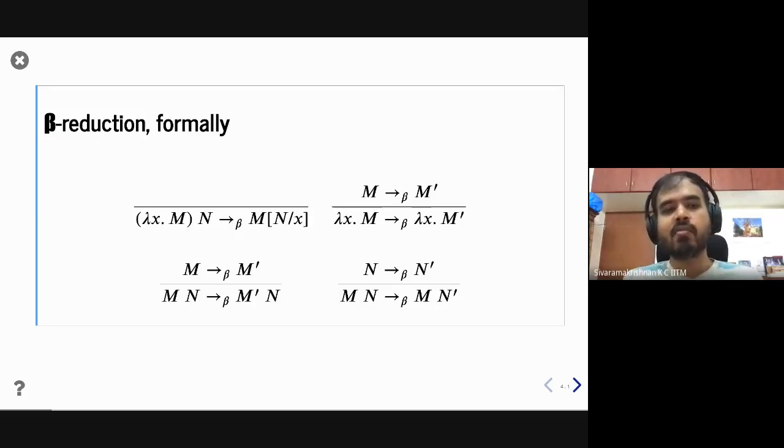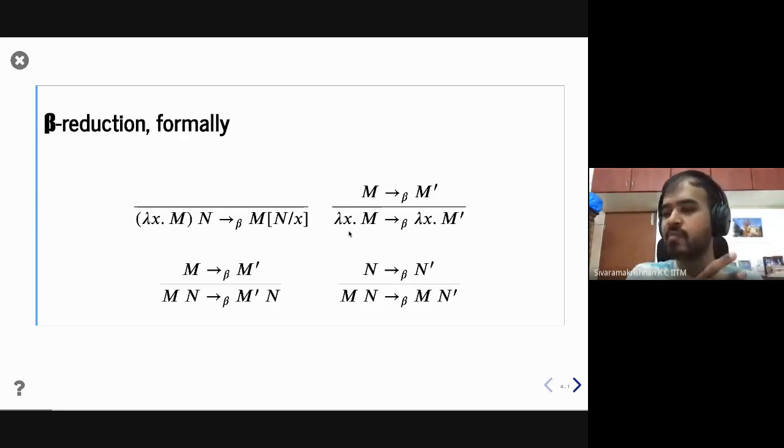But as we have seen in OCaml, when you write such an expression, OCaml does not evaluate it, because functions are considered to be values. Here we are actually reducing within the body of the abstraction, if possible.